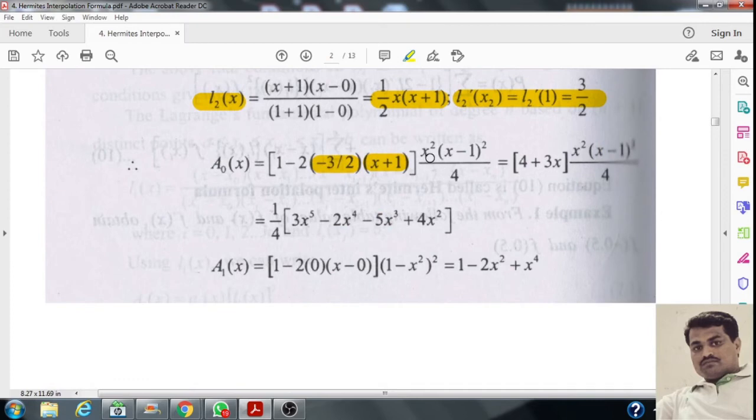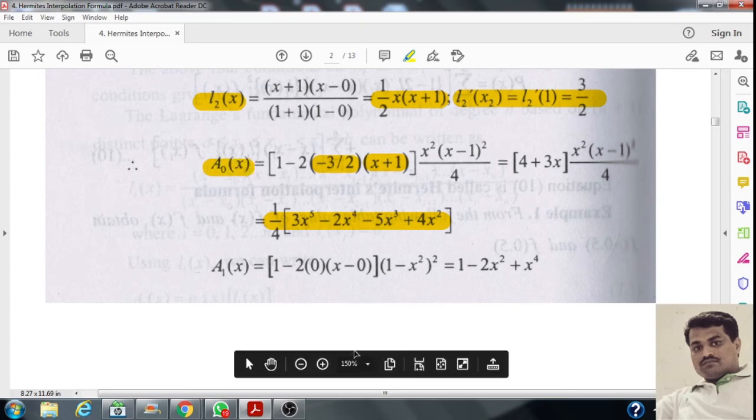Hence we write x square into (x minus 1) bracket square divided by 4. Then by the algebra of equations we can simplify this right hand side, and we find a0(x) is equal to 1 by 4 into 3 x raised to 5 minus 2 x raised to 4 minus 5 x raised to 3 plus 4x square, and this is the value of a0(x).